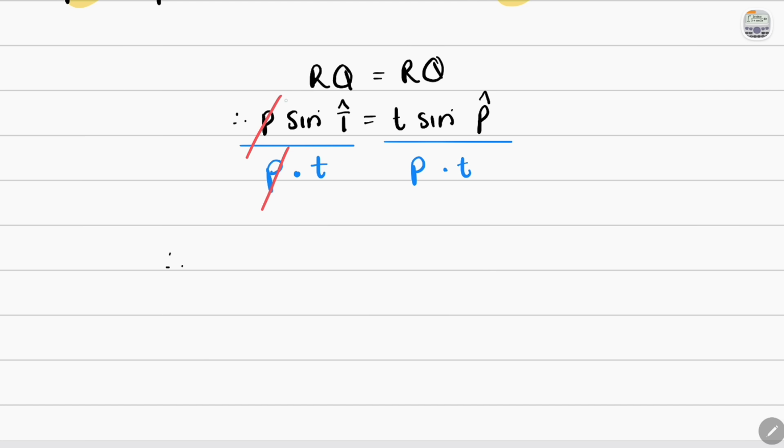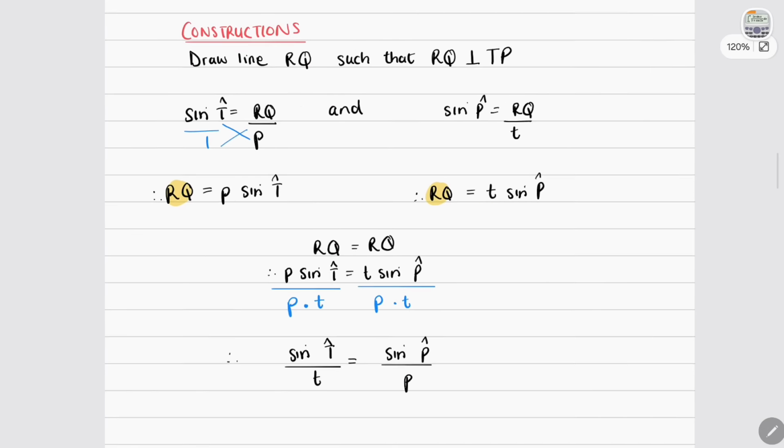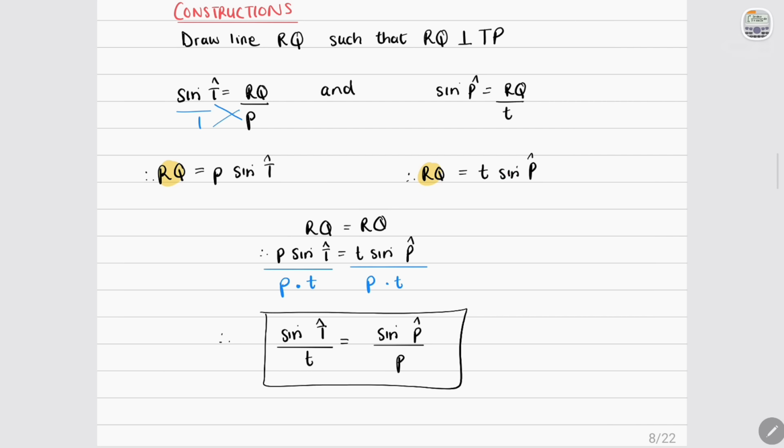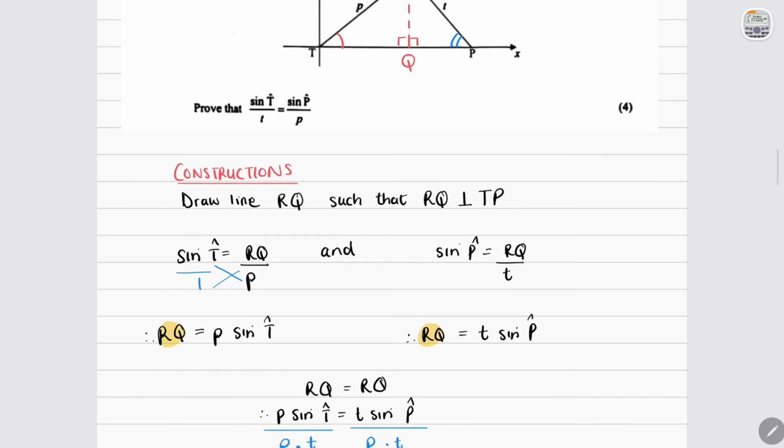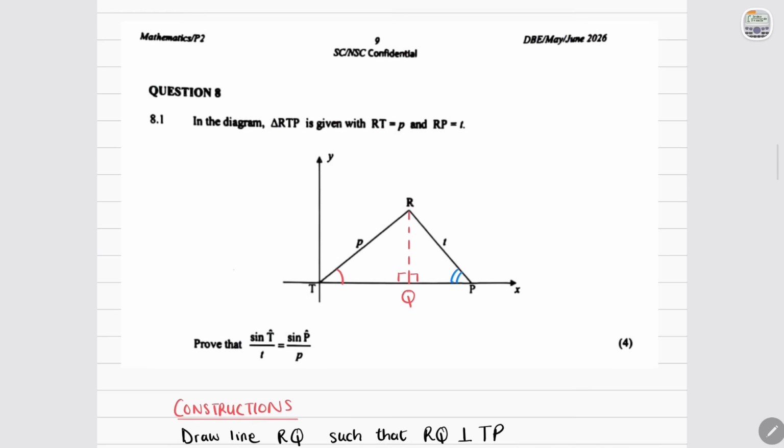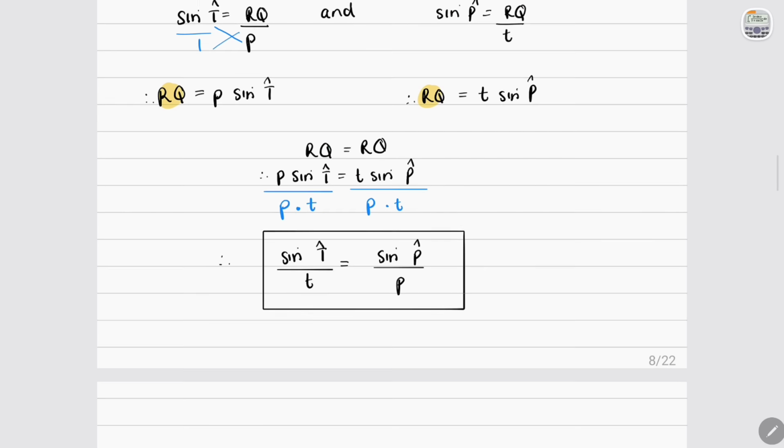The P's cancel and you're left with sine angle T over T is equal to, and here the T's cancel, sine angle P over P. And that's how we prove that. Okay, so that is the proof. This is something they usually ask in grade 11, but now you can see that they can actually ask it here.